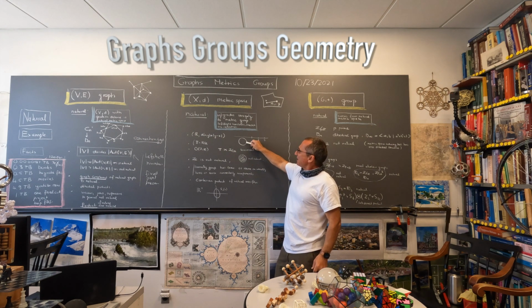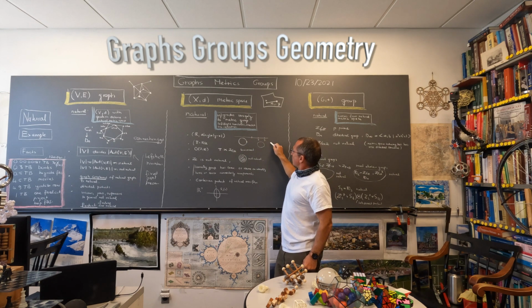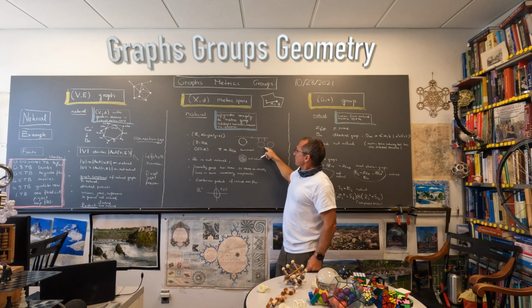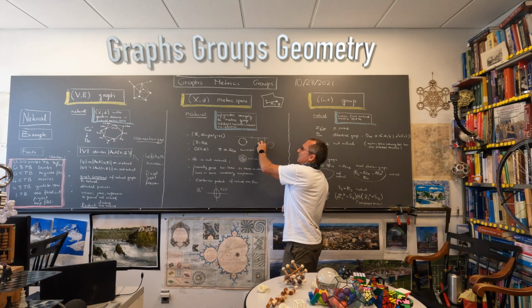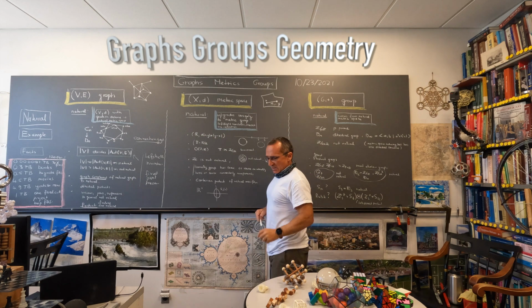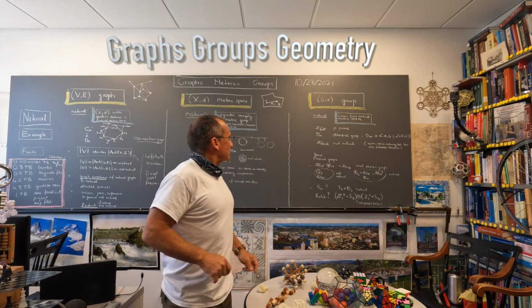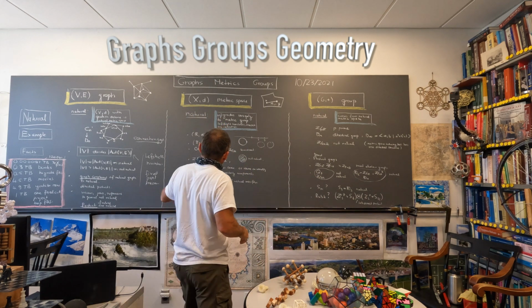So that's not natural, while this is natural. It's also natural if you take 2 copies of this O2, so that on one copy we have rotations, and on the other we have reflections. So this is quite an interesting thing.